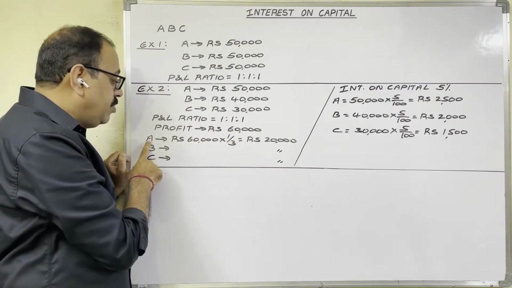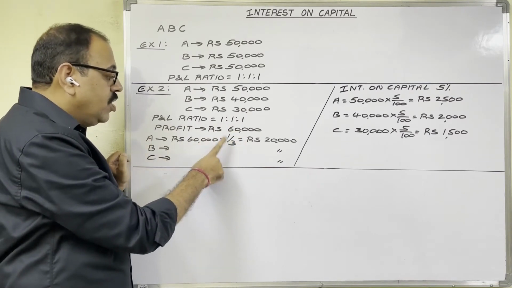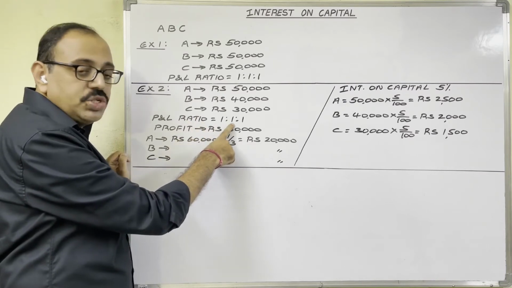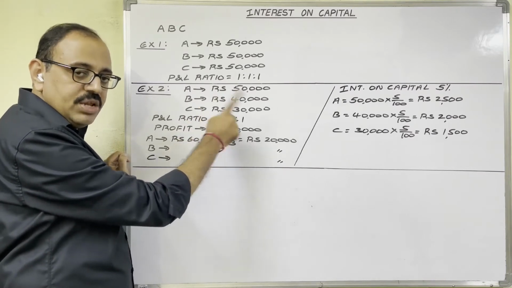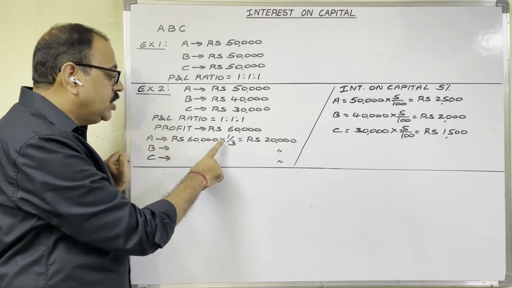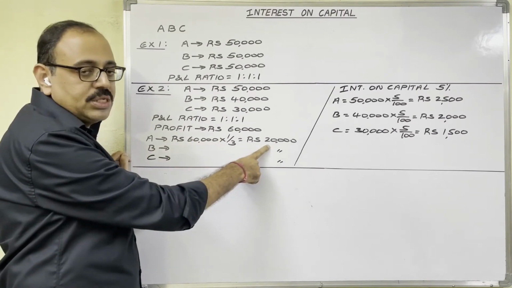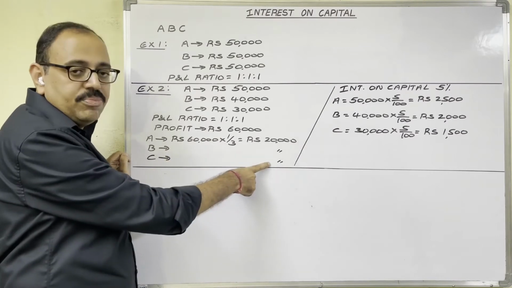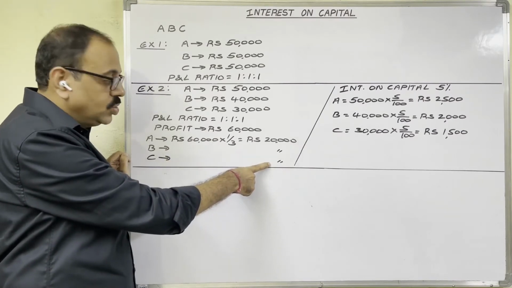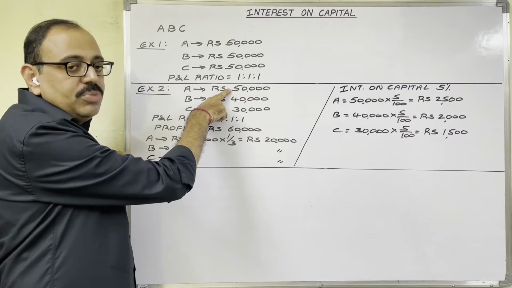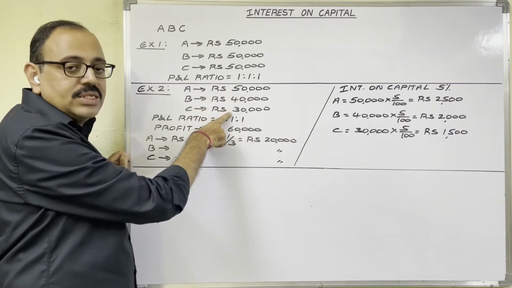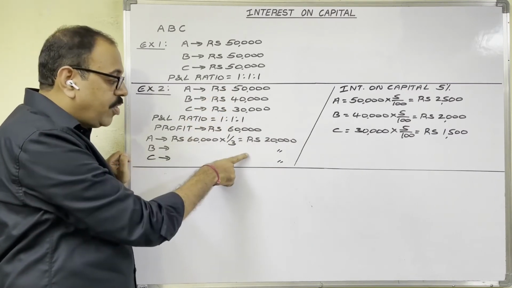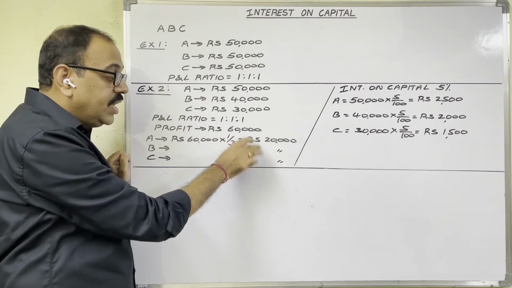Then A's share will be 60,000 into the profit and loss ratio, 1:1:1 now, 1/3, 1/3, 1/3. So 60,000 into 1/3, 20,000 rupees. For B, same. For C also same, 20,000 rupees. So A invested more, C invested less. But in profit, all are getting an equal share.